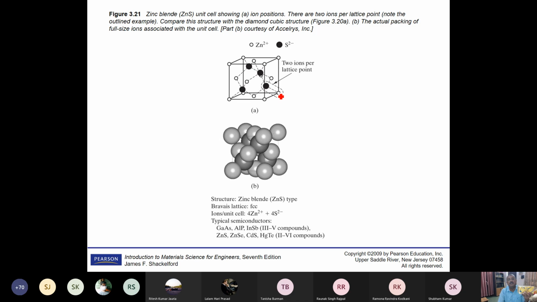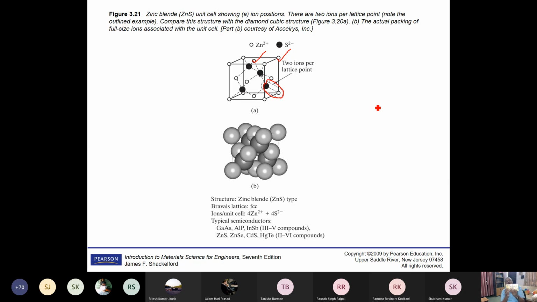Sulfur is black, zinc is white. A pair of zinc and sulfur ions are assigned to either these corner positions or the face-centered position. So each of the 8 corners and each of the 6 face-centered positions have a pair of zinc ions, Zn2+, and sulfur ions, S2-. This is the structure of zinc blende, a very important crystal structure.